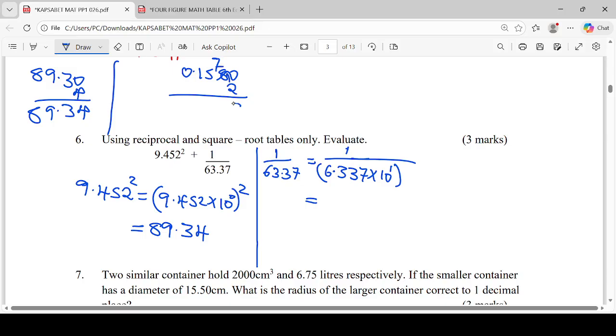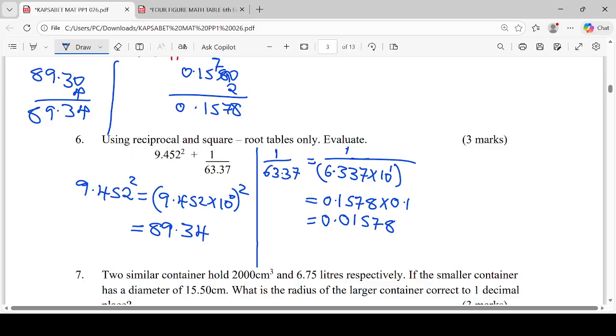This is 10. 8, 7, 5, 1, 0. So this is giving us 0.1578 times 10 raised to power 1, and you get its reciprocal, it will be 0.1. So this will make it further to be 0.01578. We are done also with that one.